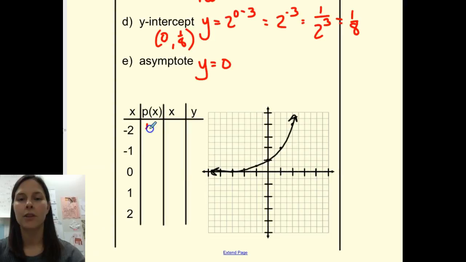Substituting in those parent function values that we saw in the first example. This time our x value changes. We're going right 3, so we're going to add 3 to all of our x values, and we're going to leave our y values alone.